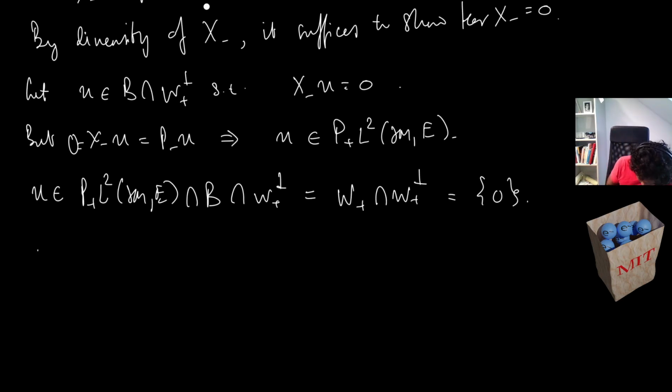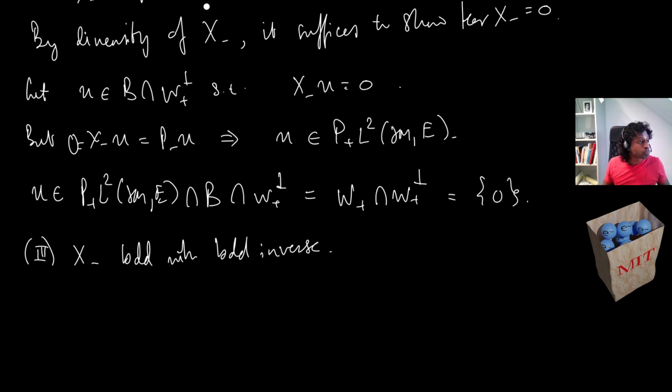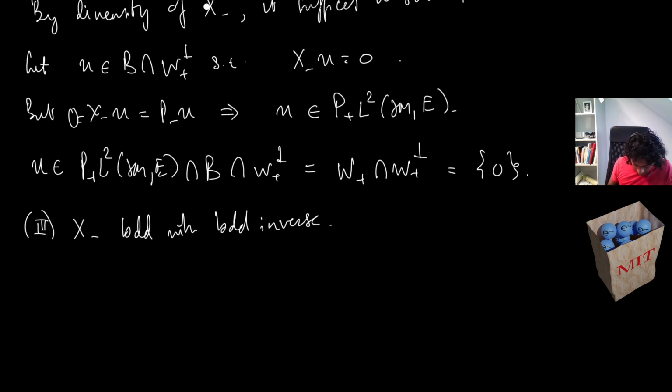Okay, so the last point now is that X minus is bounded with bounded inverse. So why does this follow? So we have that B intersect W plus perp is closed.